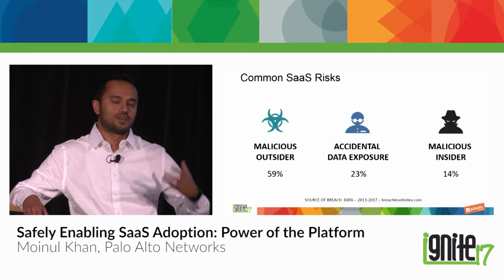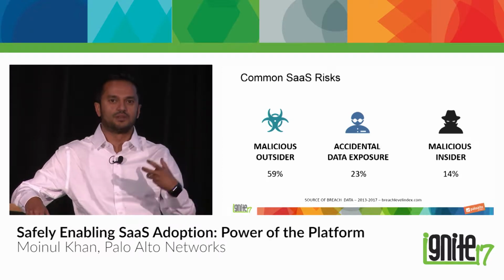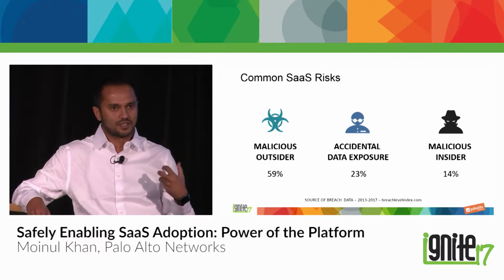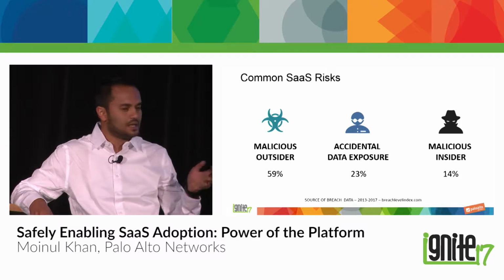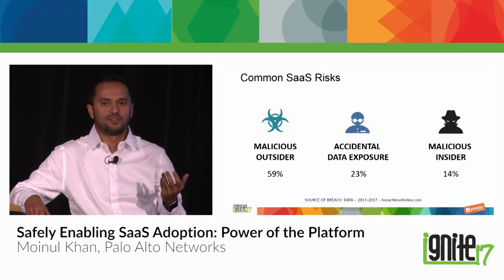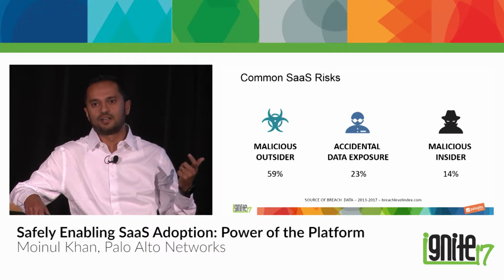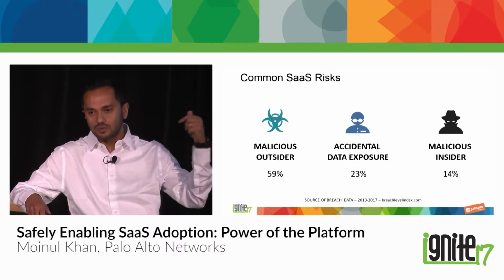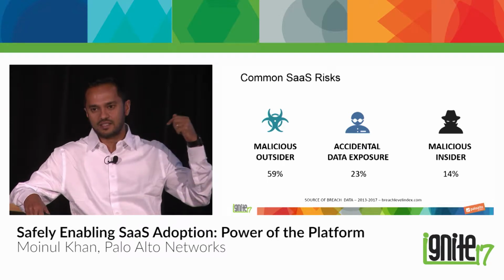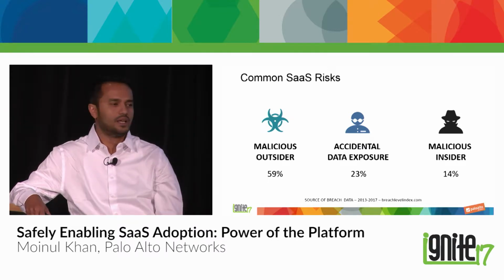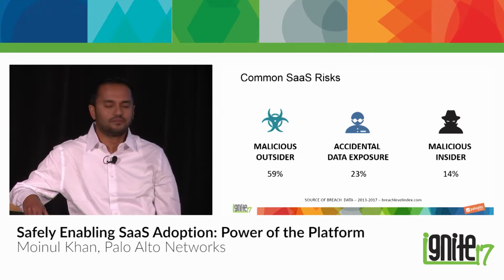And because of this SaaS adoption, because of these SaaS applications coming into the organizations, from a threat perspective, we see malicious attackers that are attacking your organization through SaaS applications. So that's yet another entry point. You have insider threats.